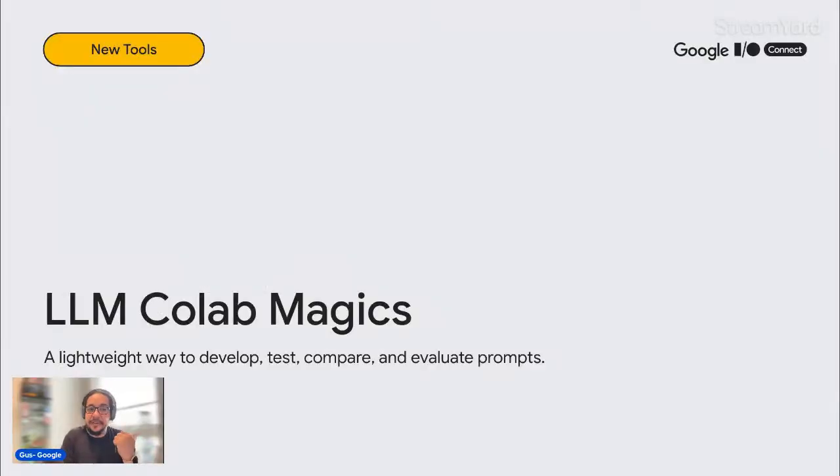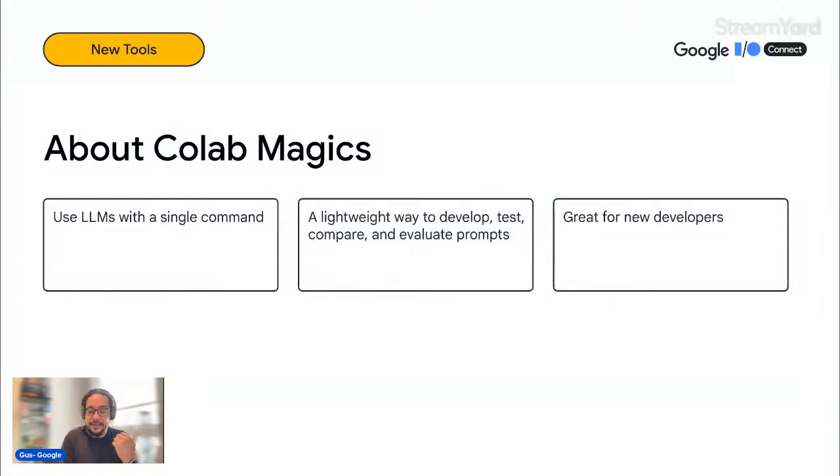Aside from that, we also released LLM magics. A Colab magic is kind of a macro that you put on Colab that will do stuff for you. So you can, for example, measure the time of executing a cell on Colab. You can write a lot of text on a cell and use the write file magic, and it will just create a file with that content. There's a lot of magics.